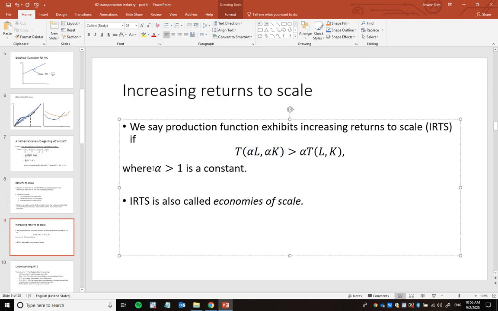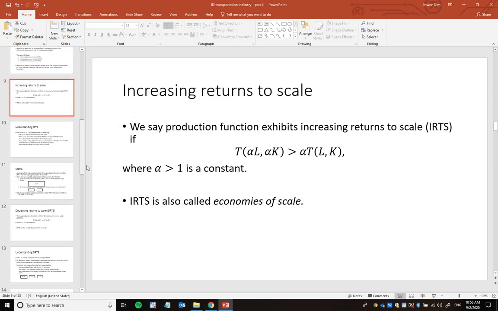When alpha is a number that is larger than 1, and if the production function satisfies this inequality, then we say that we have increasing returns to scale. It is also called economies of scale.